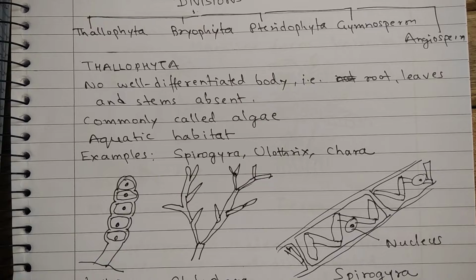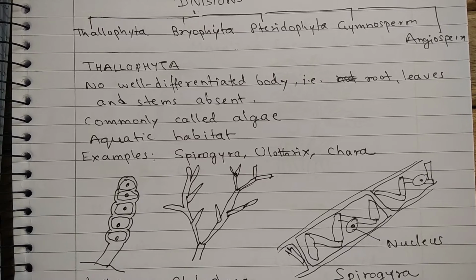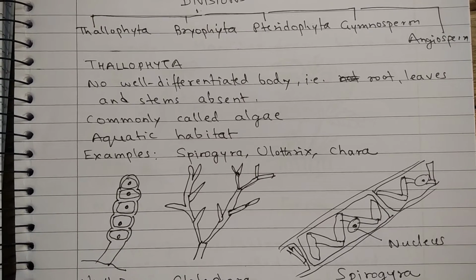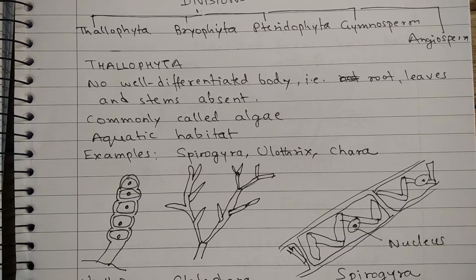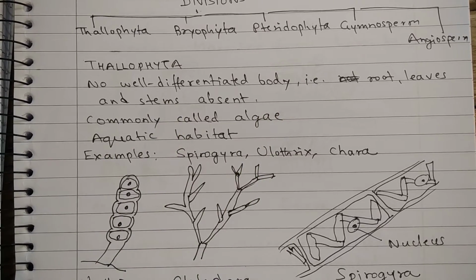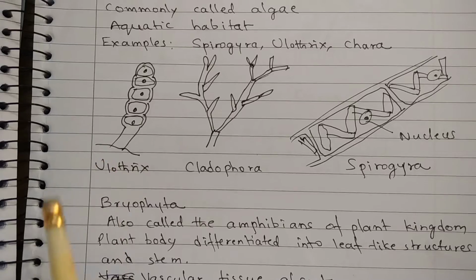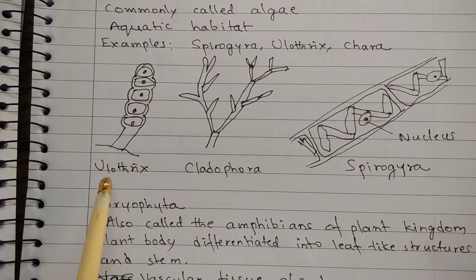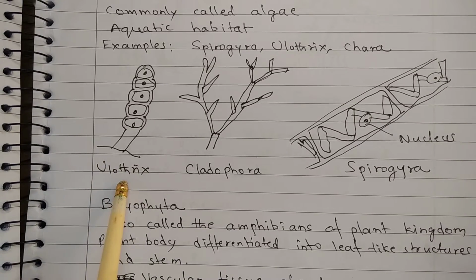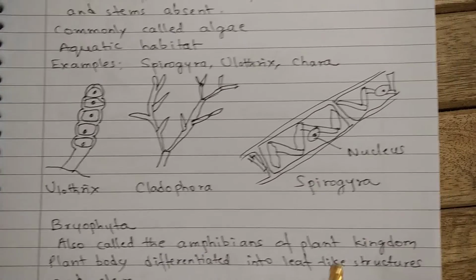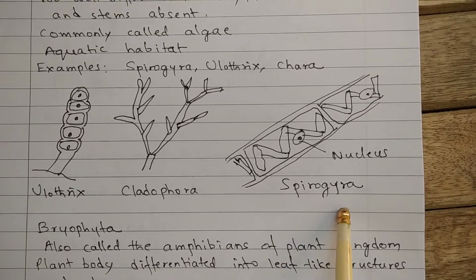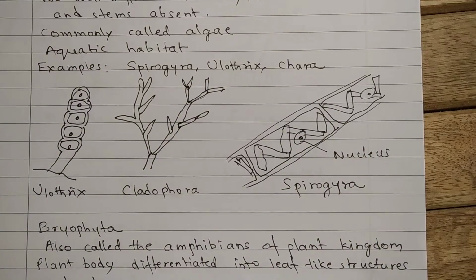The greenish layer, which you may have seen on the surface of stagnant water in a pond or maybe some static river, is formed because of algae. This figure shows Ulothrix, this is Cladophora, and this is Spirogyra. All of them are examples of algae.